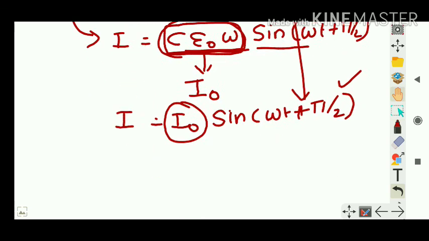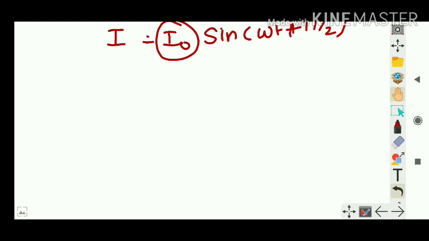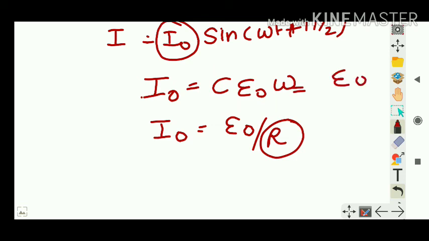Clear? Now what is capacitive reactance? Just like in the case of the inductor, there is a capacitive reactance also, right? We just wrote I naught, we replaced the constant term I naught as C epsilon naught omega, right? So actually what is current? It is supposed to be written as epsilon naught divided by any resistance value, right? So can I write this value like this, epsilon naught divided by 1 by C omega?